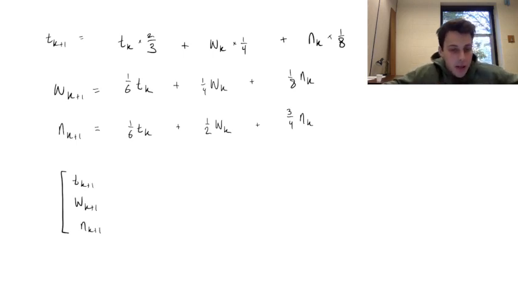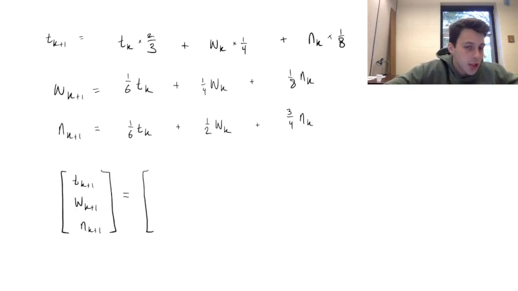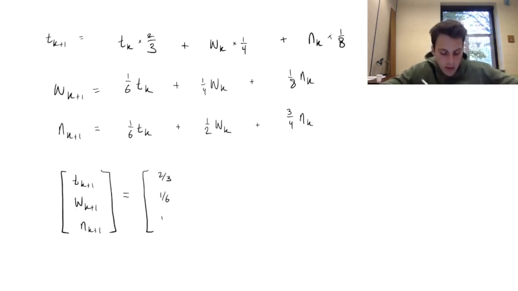In terms of a matrix vector product, we can write the above system of equations as a stochastic matrix. Stochastic matrix just means that the columns of this matrix are probability vectors, aka they need to add to 1. So first column being all the tk's, we've got 2/3, 1/6, 1/6, right? This adds to 1. Okay, good. Wk, we've got 1/4, 1/4 and a half.